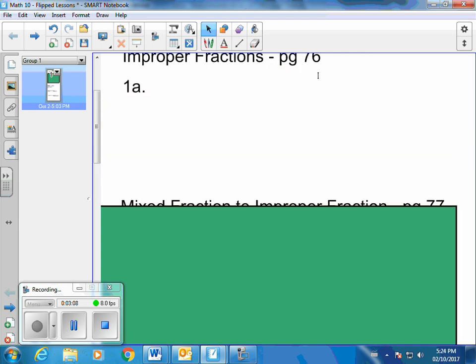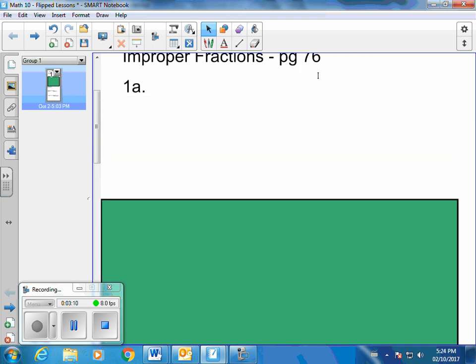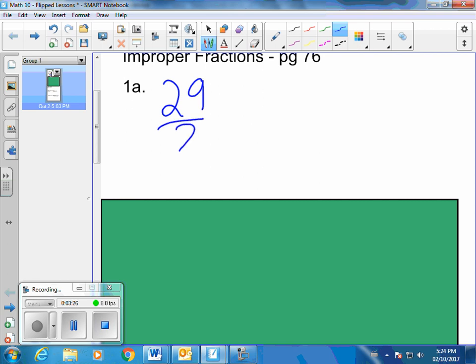If we look at the example in the book off of page 76, 1A, they give us 29 over 7 to start with. So I'm going to look at how many times my bottom number can go into my top number.